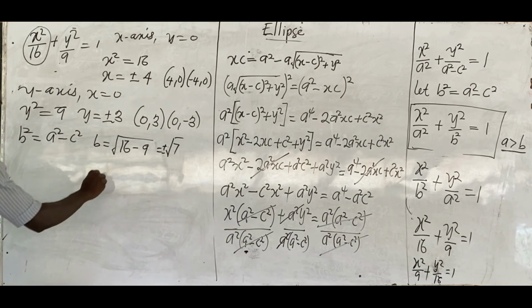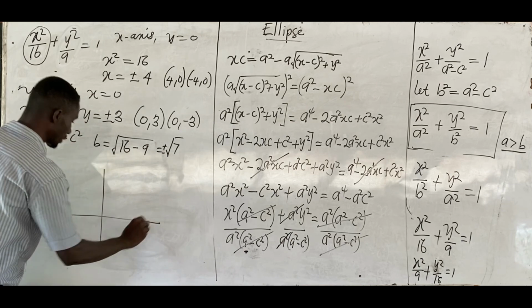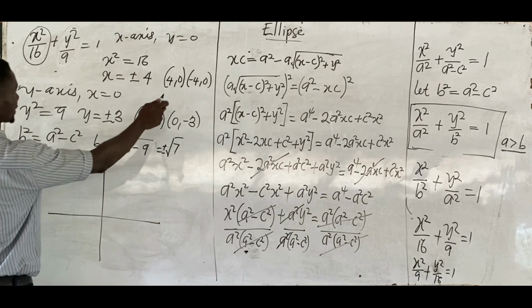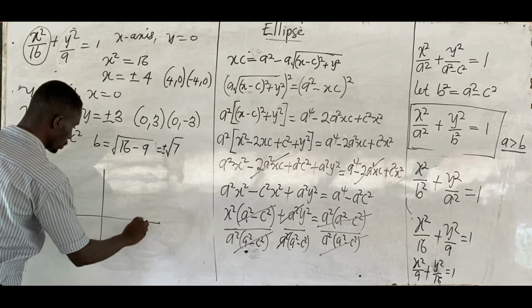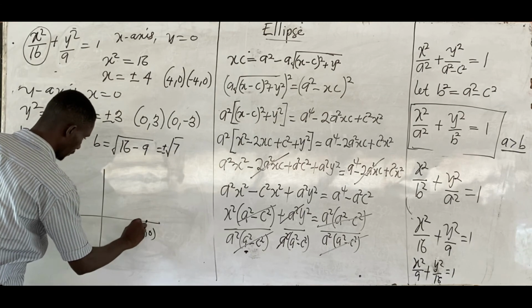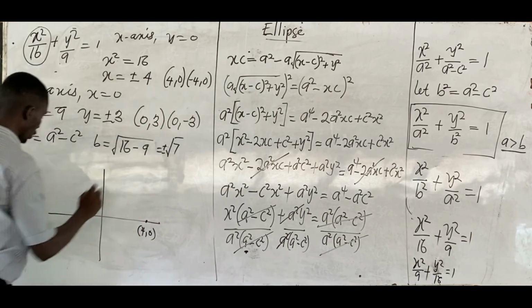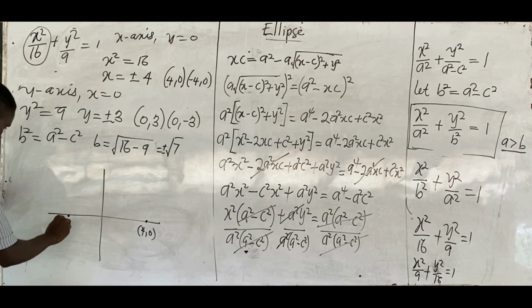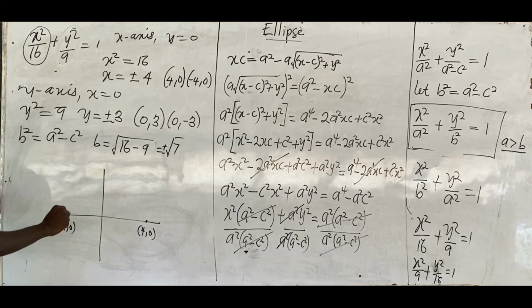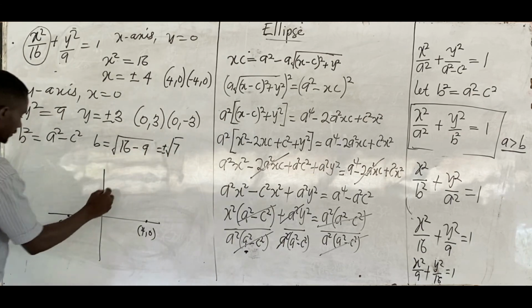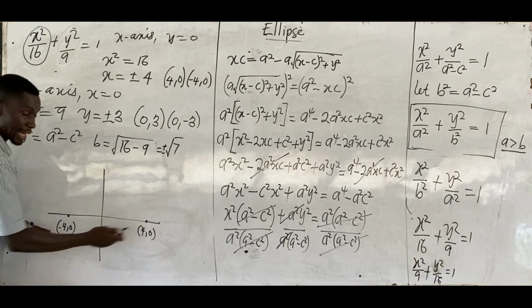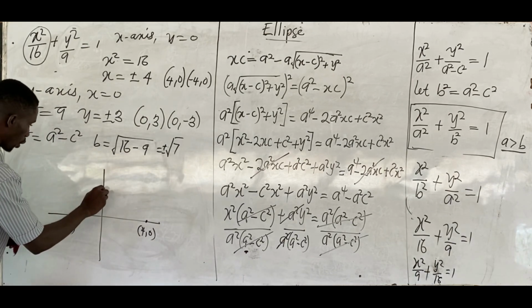So now I will draw my x and y axes to draw this one. (4, 0) will be here, and (negative 4, 0). Then (0, 3) and (0, negative 3), because the distance is less than the other one, so this one will come small.